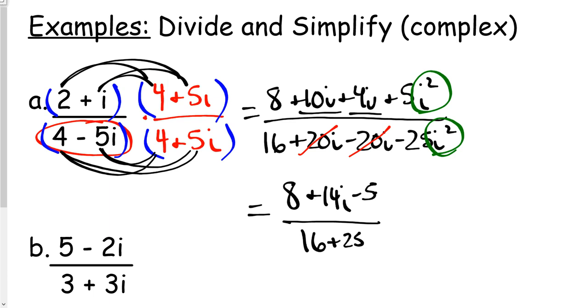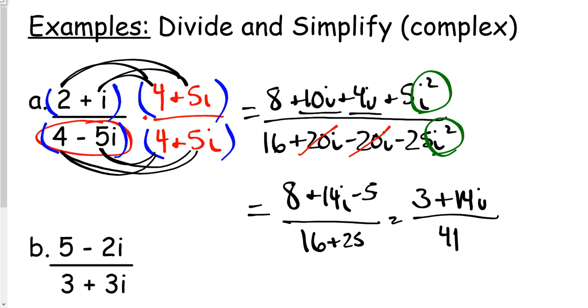Simplifying even more, in the numerator, 8 and negative 5 give you 3, so we've got 3 plus 14i. And in the denominator, 16 and 25 give you what? 41. One interesting thing I want you to notice about the 16 plus 25 is that it's not a coincidence.